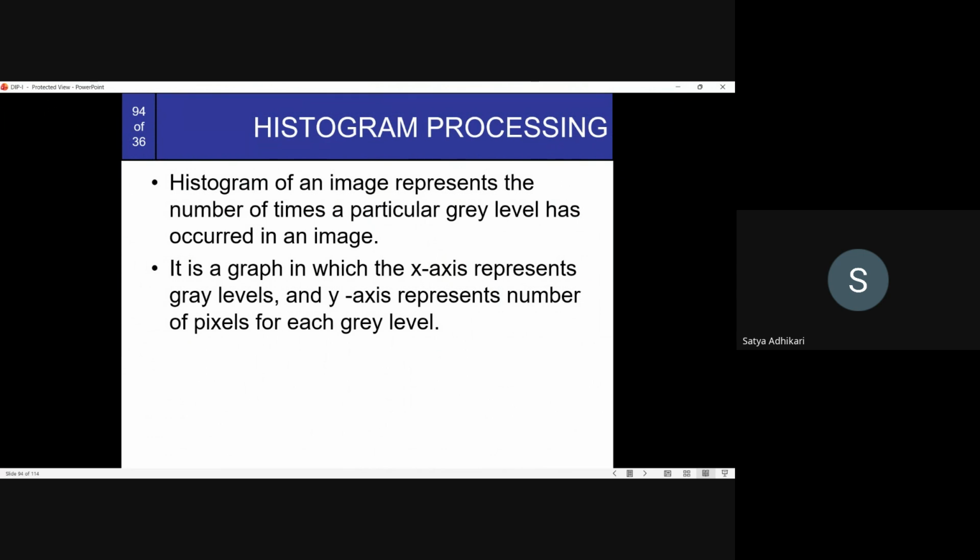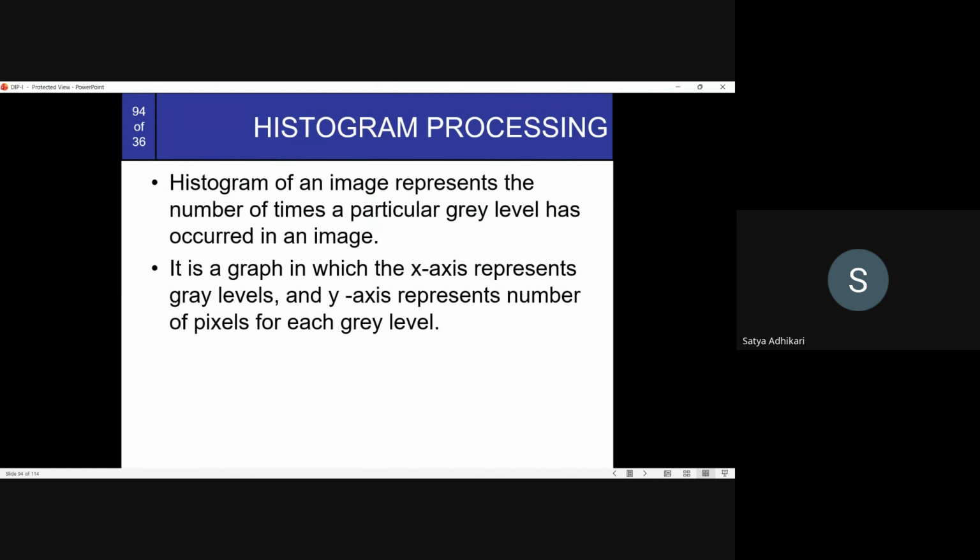Suppose there are 50 pixels having the gray level value 100.